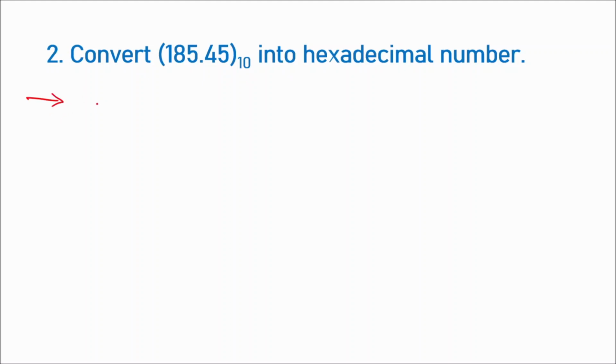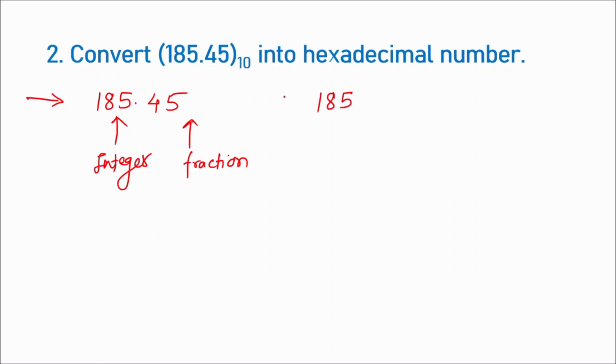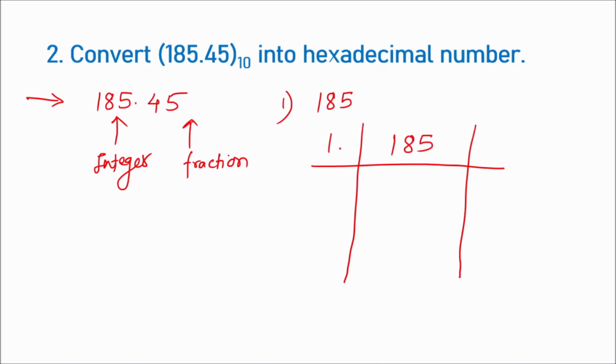Now what you can do, we have 185.45. So this is the integer part, and this is the fraction part. We can separately calculate the number for integer and fraction. First of all we'll take the integer, which is 185. We can calculate its hexadecimal representation, so we write 185 divided by 16. 16 times 11 is 176, so the remainder is 9.